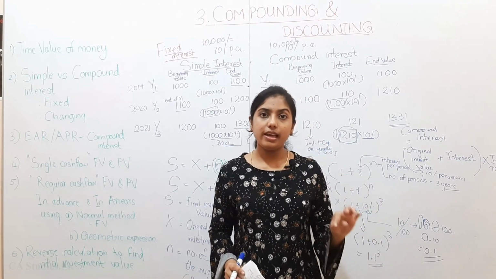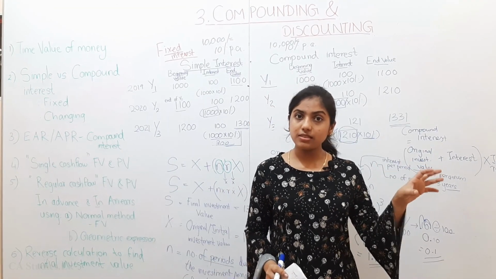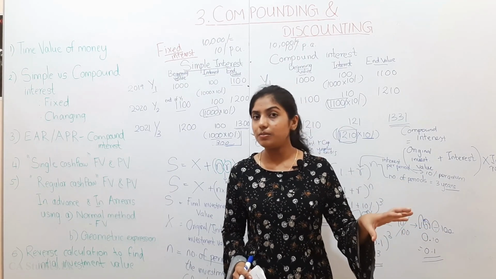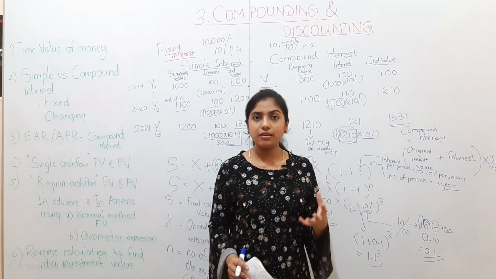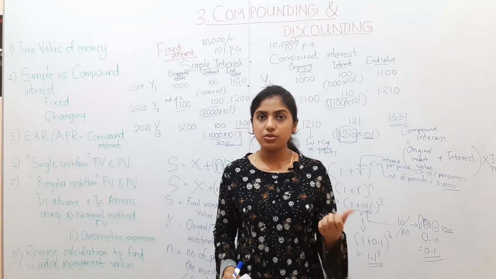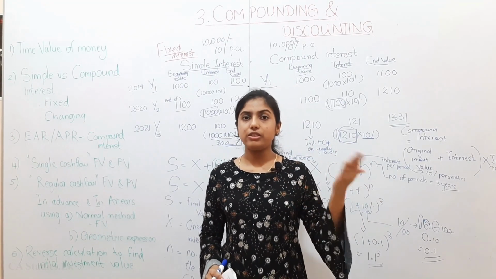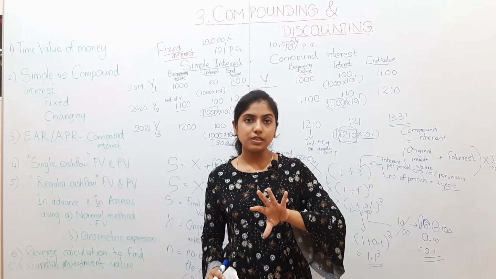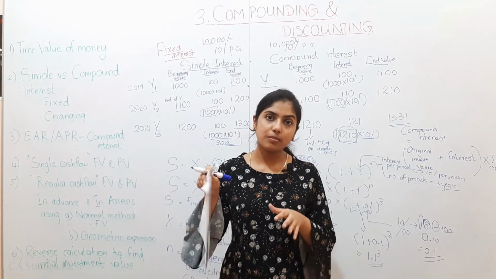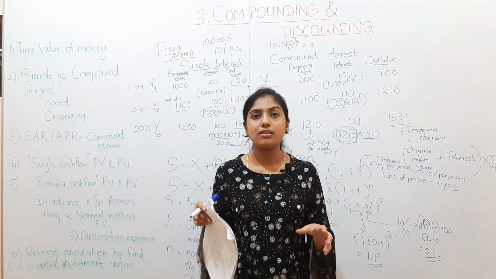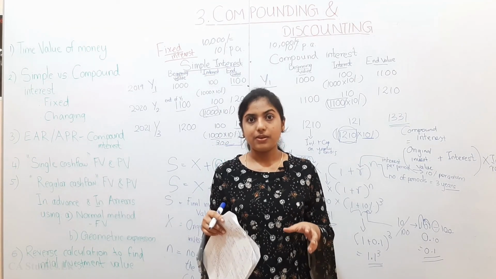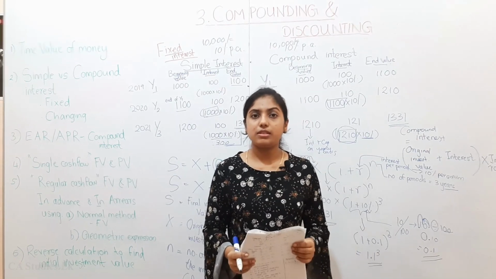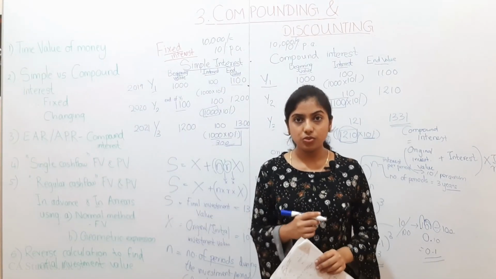Which means if n is for number of years, then r also must be for a particular year. If they give a monthly rate, then we should convert it into an annual rate. Or else we have to convert the number of years into months, so that n is also in months and r is also in months. That's the most important point when it comes to these two formulas.